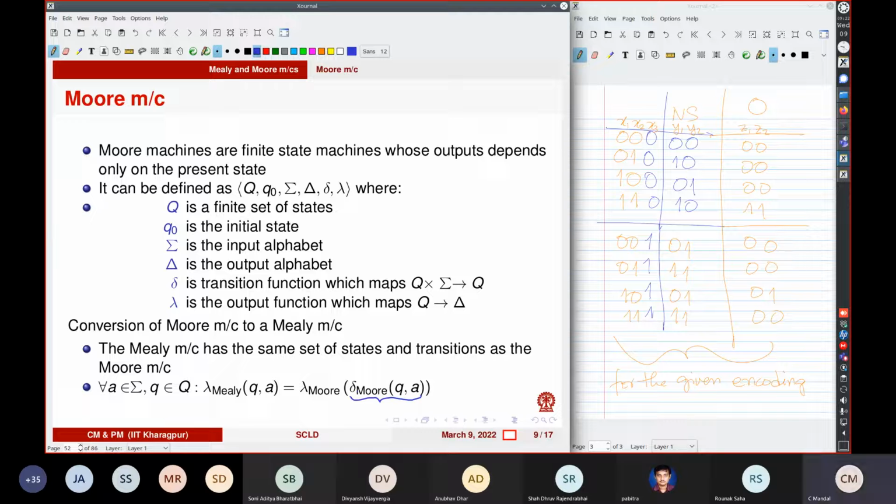In this state it will have some output, which is given by lambda Moore. Whatever output you have in this state, that is the same output you'd like to have when you get an A in state Q of the Mealy machine. That is how you can relate the output function of the Moore machine to the output function of the Mealy machine. Is this okay?